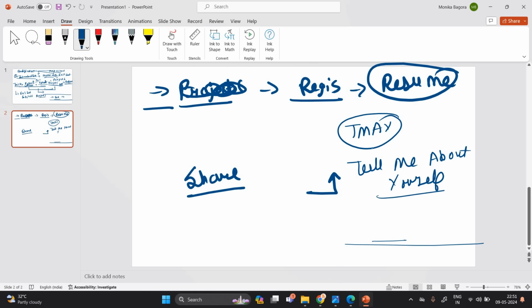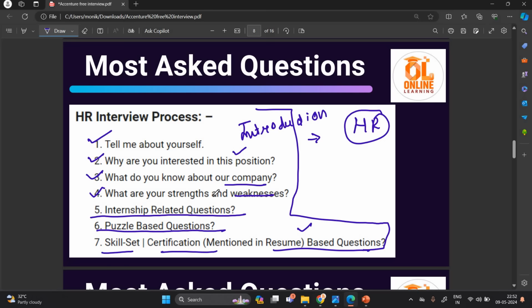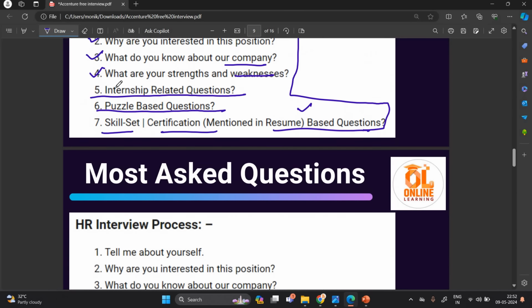So first of all, there is tell me about yourself. If the interviewer introduces himself, then you have to introduce yourself, that is, tell me about yourself, in which you mention your qualification, your skill set, and in which technology you are interested. This is the most asked HR interview question.